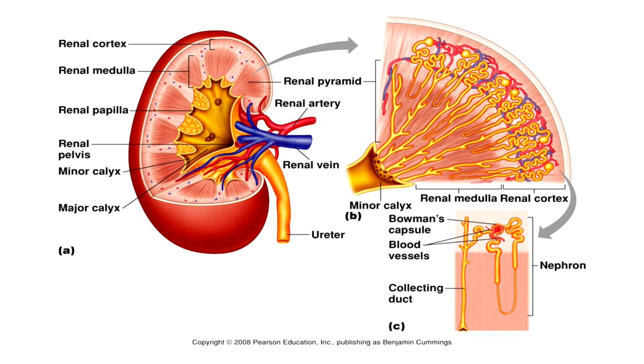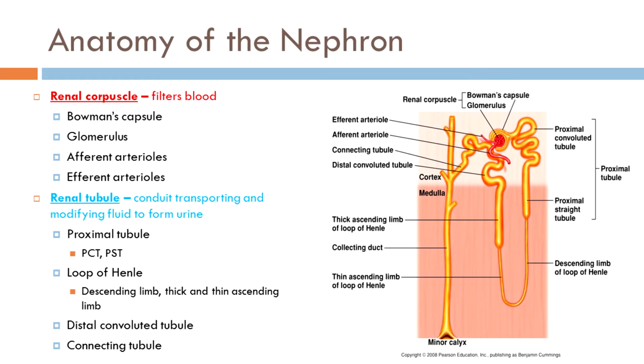But the thing I want to spend our time with mostly is the nephron, which is what we did in the lab this week. So I suspect most of you are familiar with it.